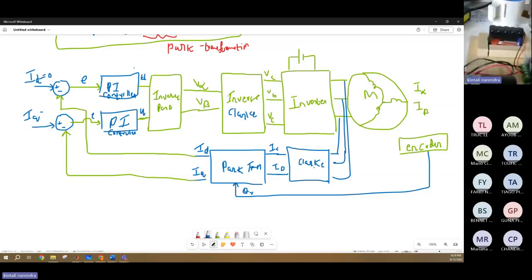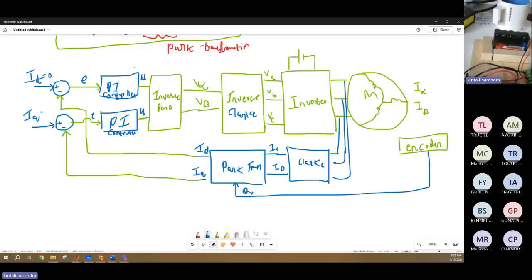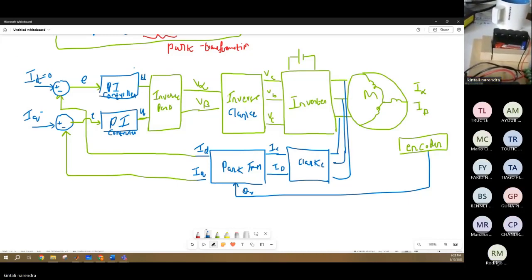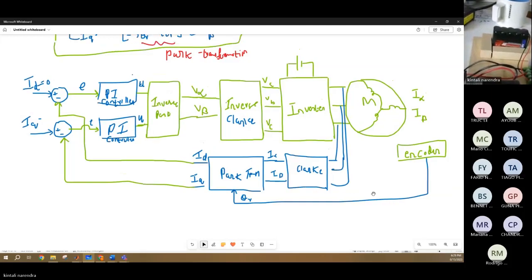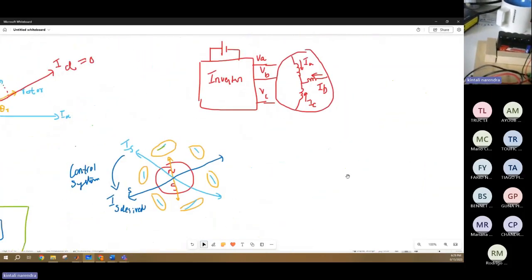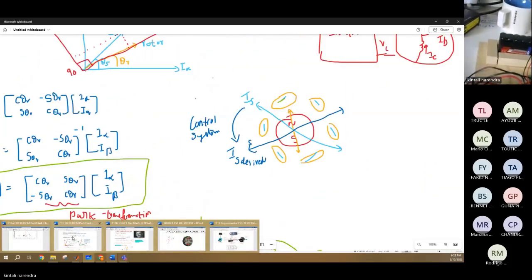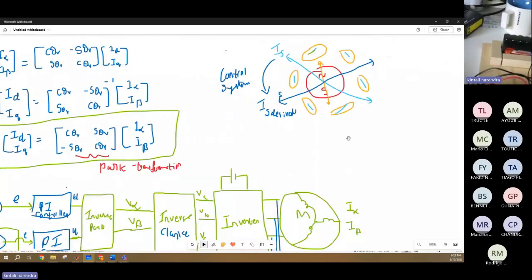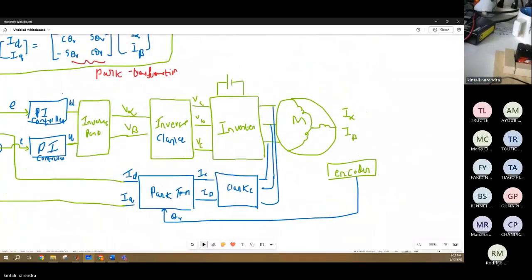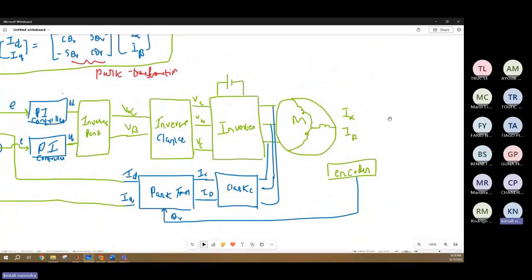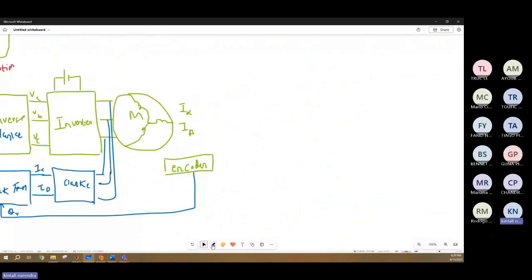For example, if you look at the screen, I explained this on paper before. I'm sharing the screen now.